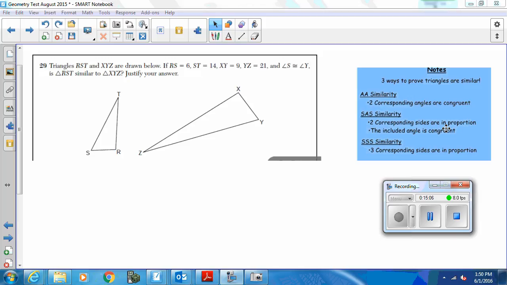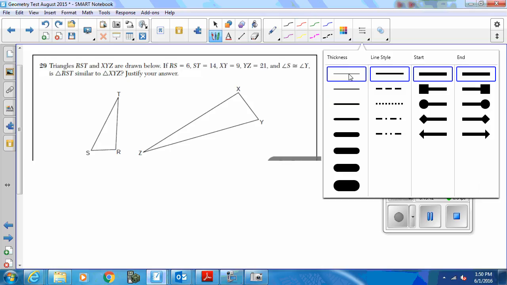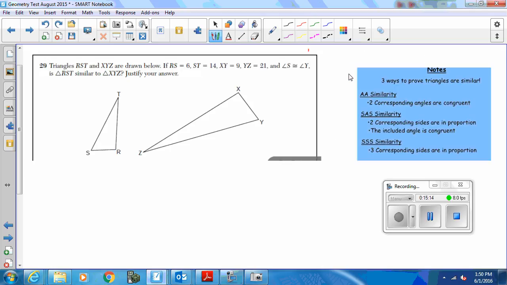So I'm going to draw this again, and I'm going to make it so the triangles are lined up, triangle XYZ. So remember, R is corresponding to X, and Y is corresponding to S. So it's really like if you were to take this triangle and rotate it.